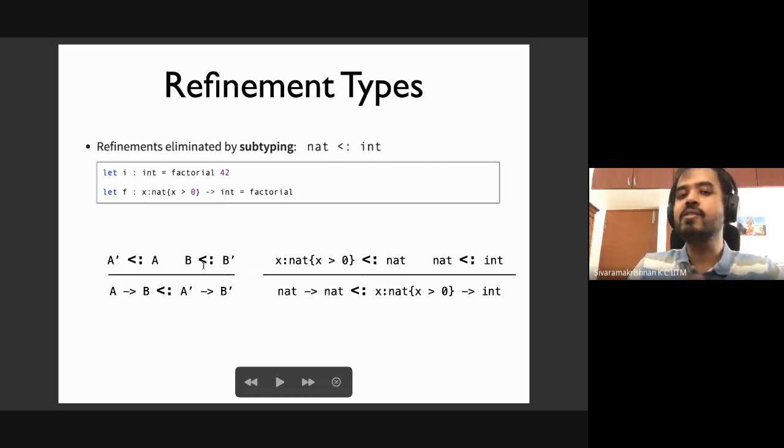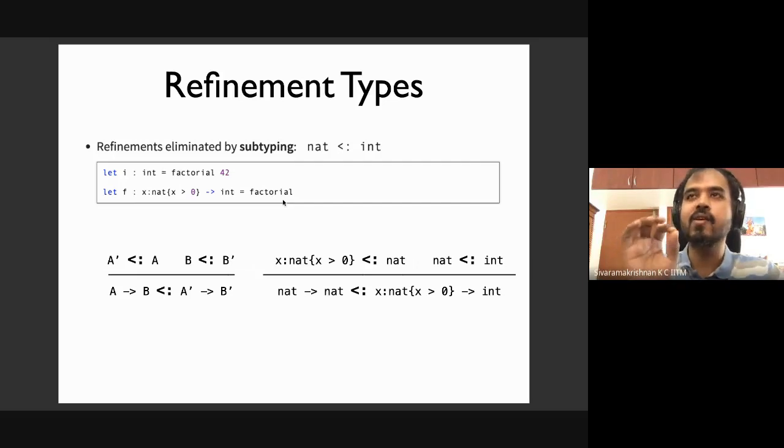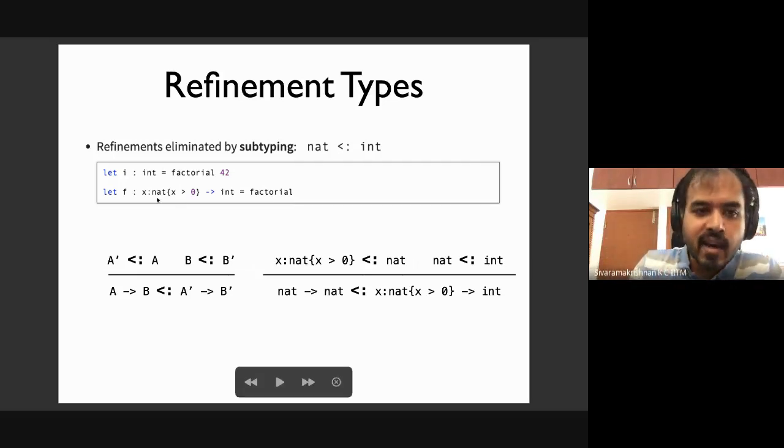Why is this correct? If you think about it, the factorial function accepts natural numbers, anything greater than or equal to 0. I am actually constraining the input type and saying that I'm going to pretend as if this function is only going to accept values which are greater than or equal to 1, so this is greater than 0.